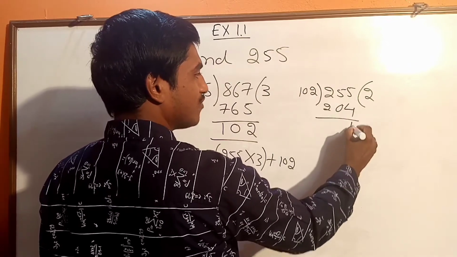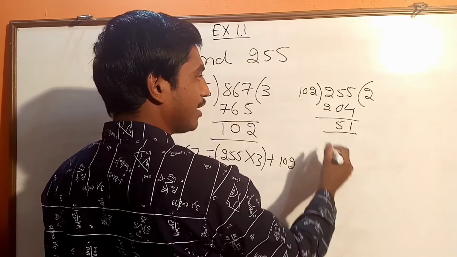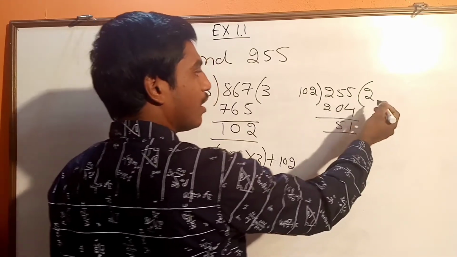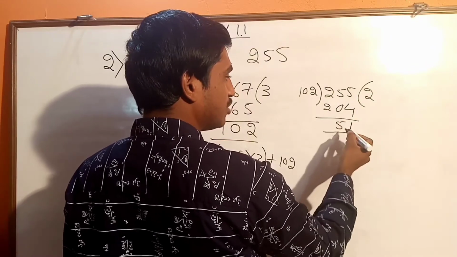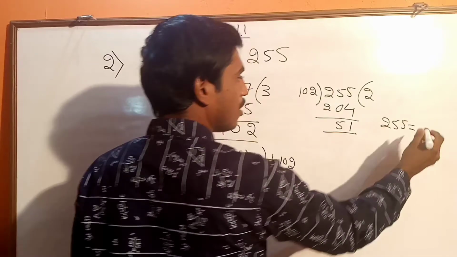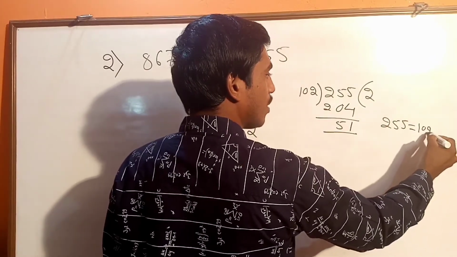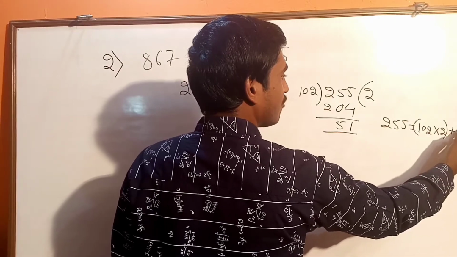So 5 minus 4 is 1. 5 minus 0 is 5. We got 51. Here also the remainder is not 0. So hence we continue this procedure. 255 I can write as 102 into 2 plus 51.